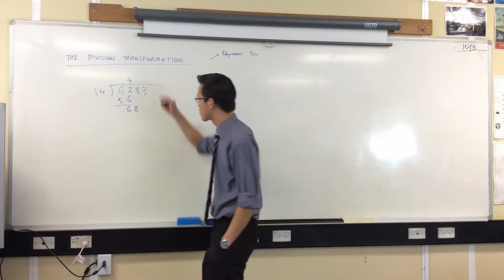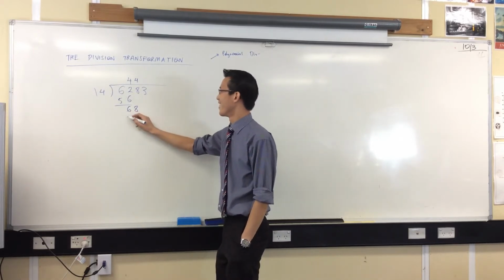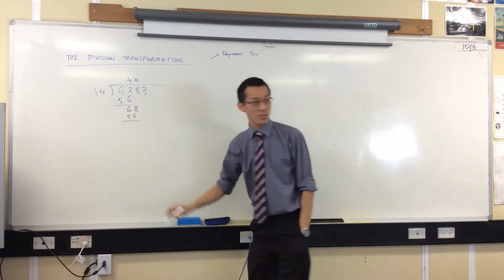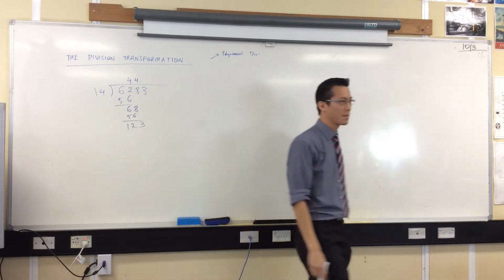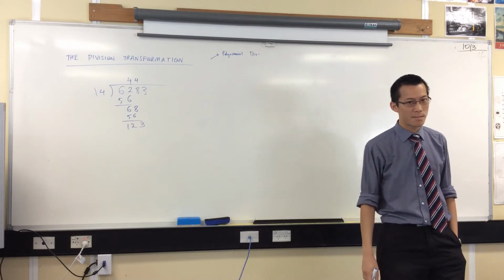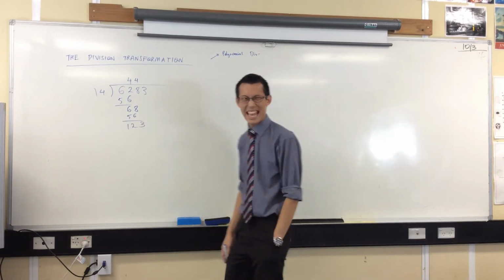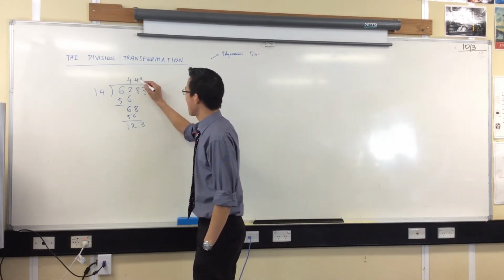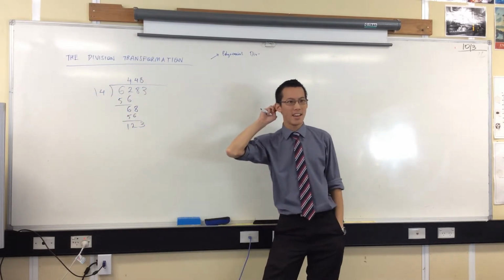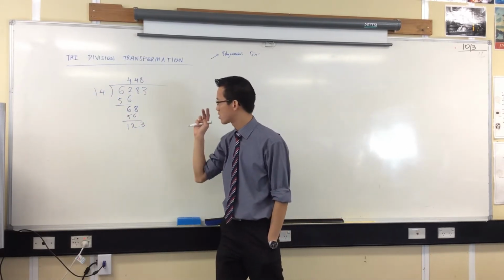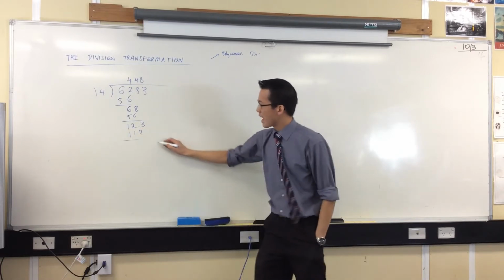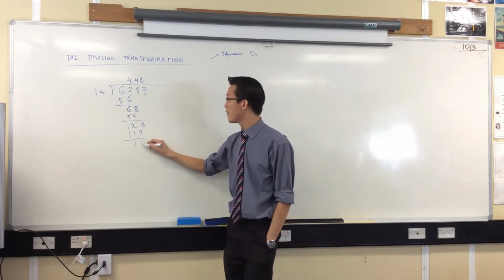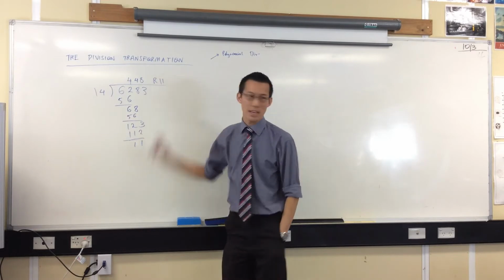Still 4? Still 4. Which gives you 56 again, which gives you 12, carry the 3. How many times? 8 times 14 is 112? Yes. So that gives us 11. Goes in no time, so that's what I've got.